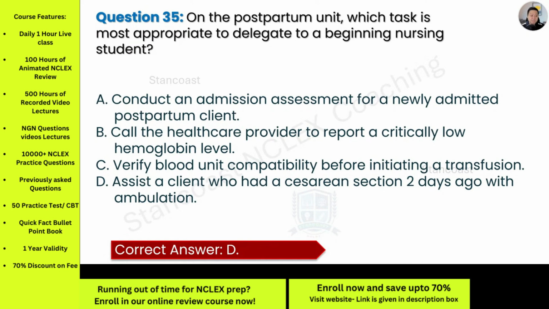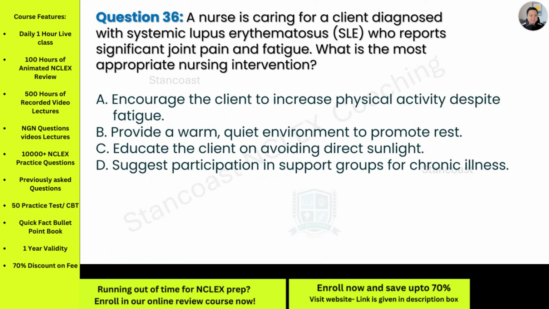For letter B, reporting critically low hemoglobin level is a task that requires judgment and also communication skills beyond the scope of a student. Now, the verification of blood unit compatibility should be done by 2 licensed nurses for safety reasons. Let's have number 36.